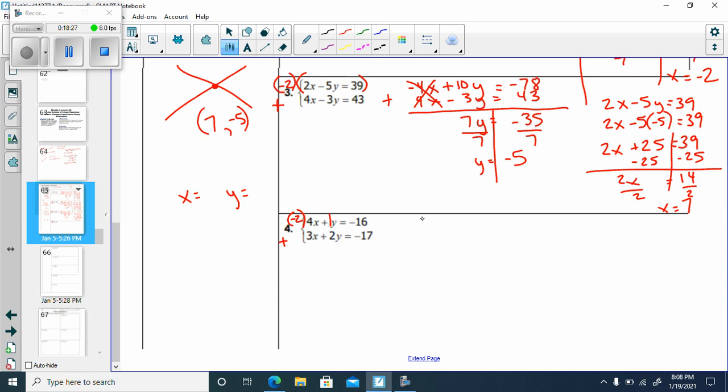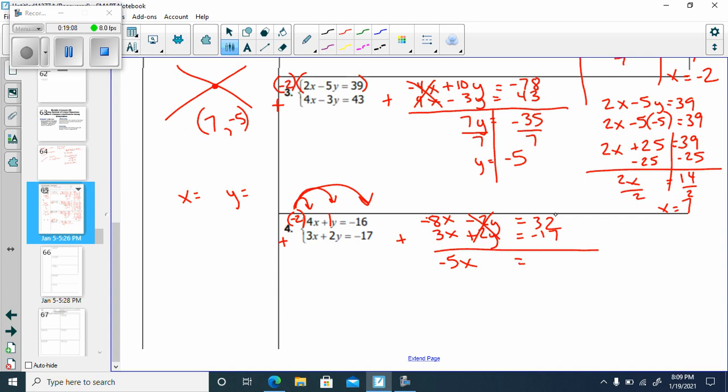Okay. I've got -8x minus 2y equals 32. Okay. I'm adding this. I've got 3x plus 2y is equal to -17. -8x plus 3x gives you -5x. -2y plus 2y gives you 0.